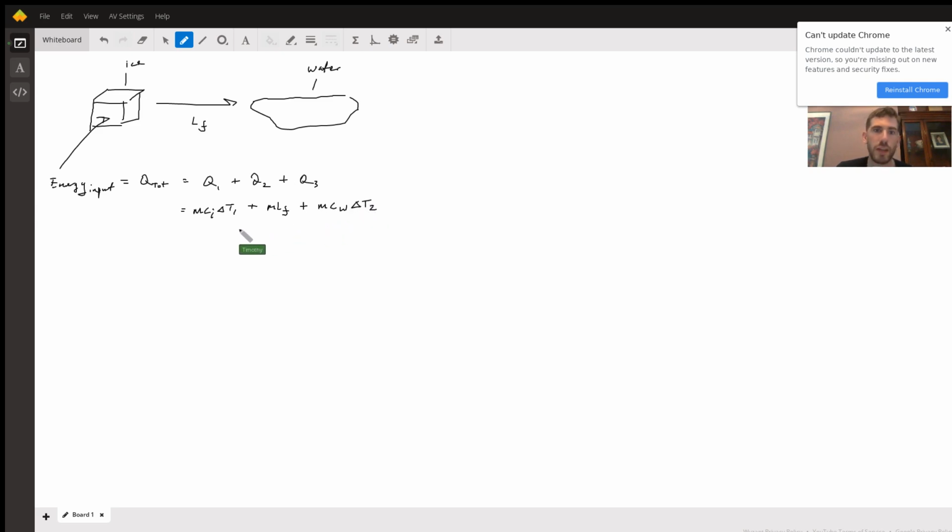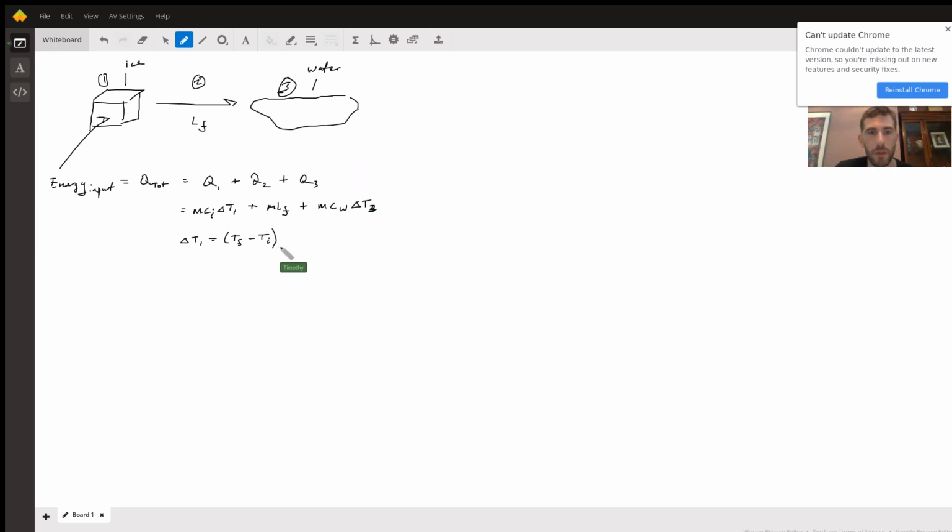So change in T1 is the initial and final temperature change of the ice. So this is T final minus T initial, and we'll call this phase 1, we'll call this phase 2, we'll call this phase 3.